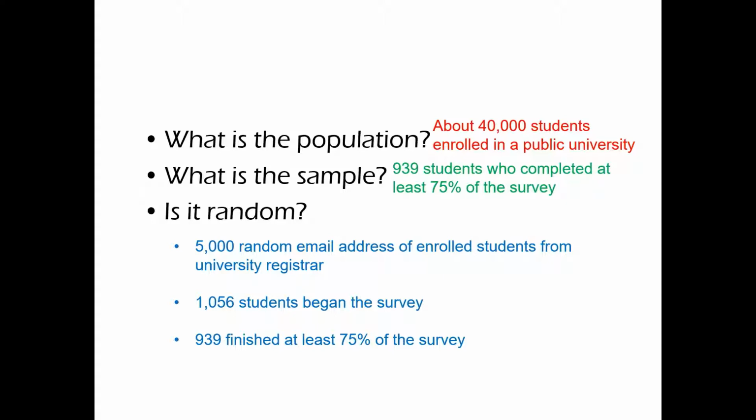Then, among these 5,000 students who got the invitation, 1,056 of them began the survey. The students who didn't complete at least 75% of the survey were then removed from the sample, which gave them the final sample of 939 students.